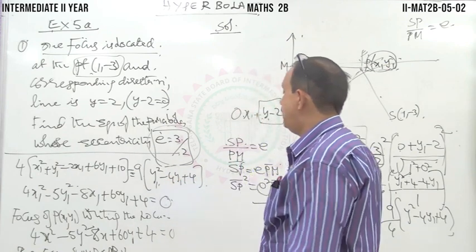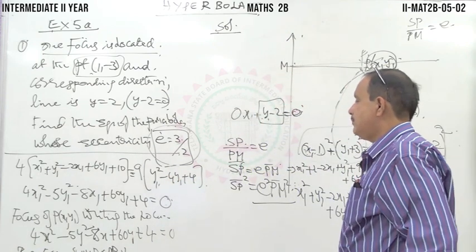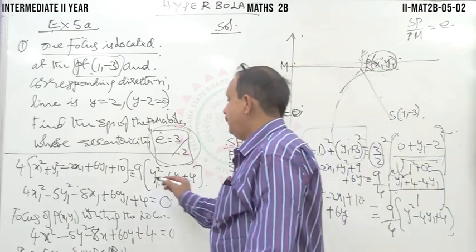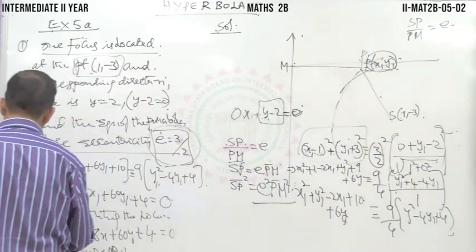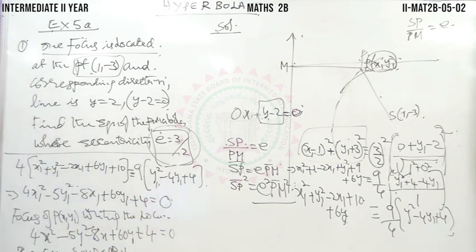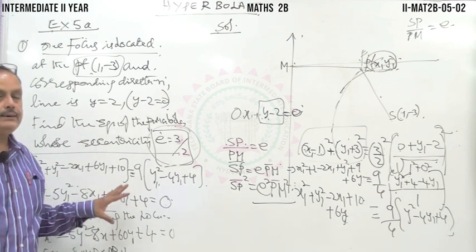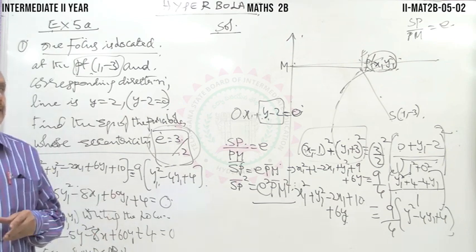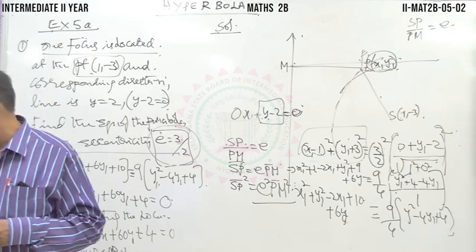So y1 square minus 4y1 plus 4 are multiplied, and now after expansion all of them are brought to one side and the right hand side becomes 0. And once we calculate the locus of the point P x1, y1, we write in this form, and that is 4x square minus 5y square minus 8x. This is how we simplify the general equation, a general application of one of the points.